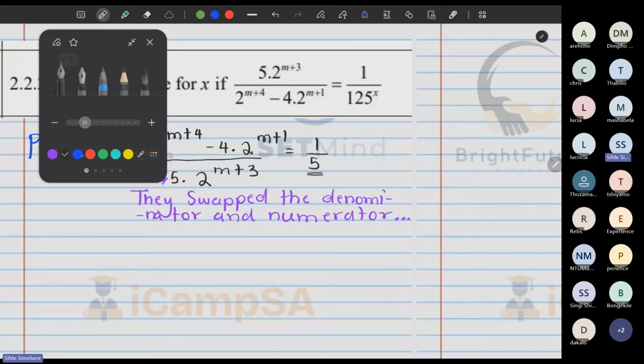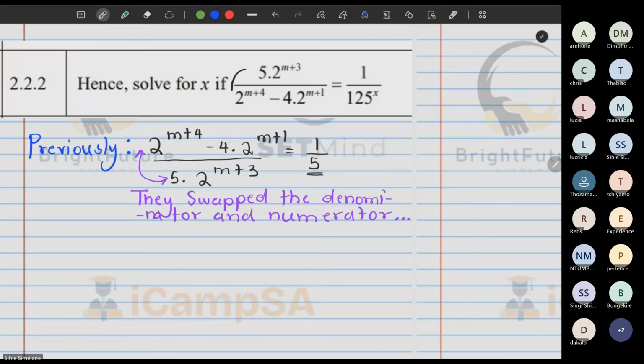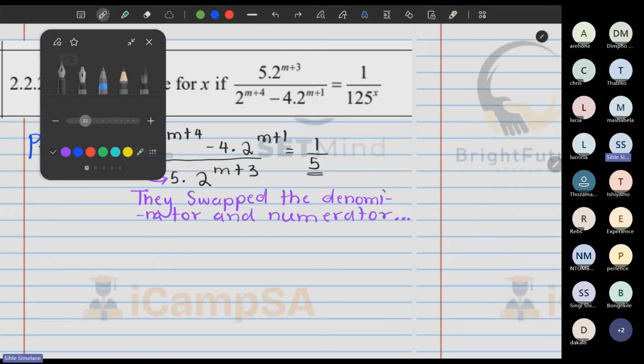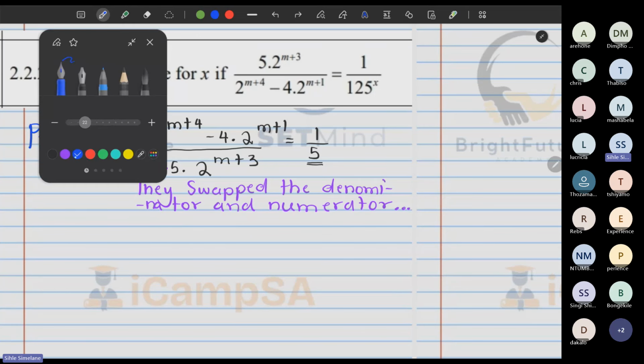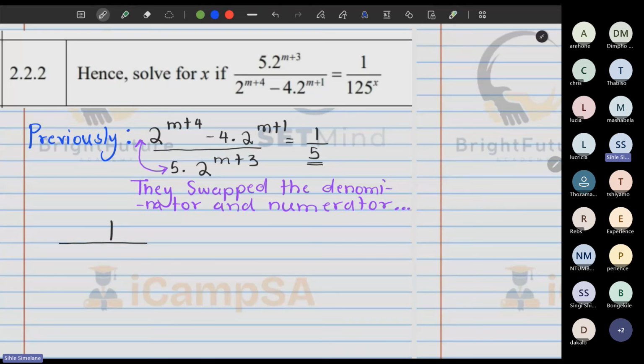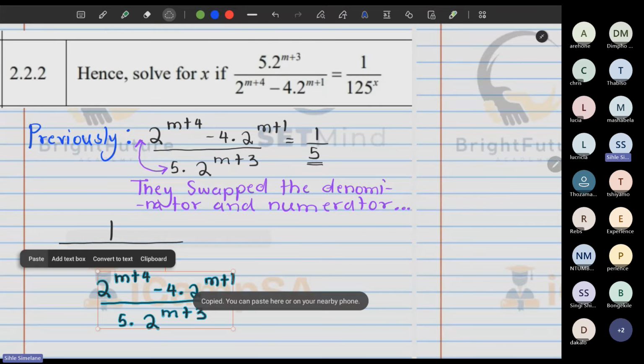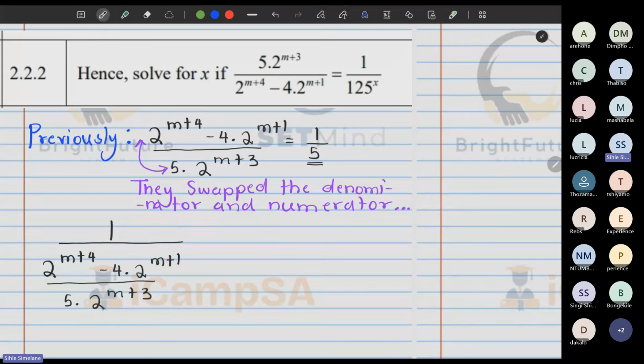We are able to see that. So if you just take what is given here and flip it, you will see that it is exactly what we had. So this means that our left-hand side, let me write it for the benefit of others, is the same as 1 over all of this. So 1 over all of this here gives you what they have.